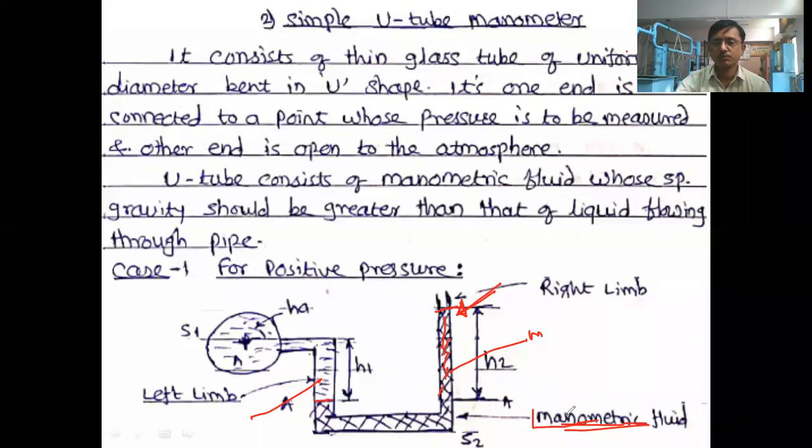Can anyone tell me the various reasons behind using mercury as a manometric fluid? This is just a quick revision, and then we are going to start the actual part. You have to respond quickly, otherwise I will tell. Why do we use mercury as a manometric fluid?